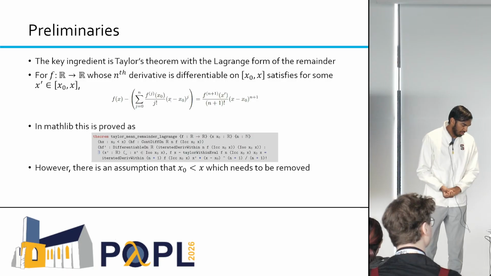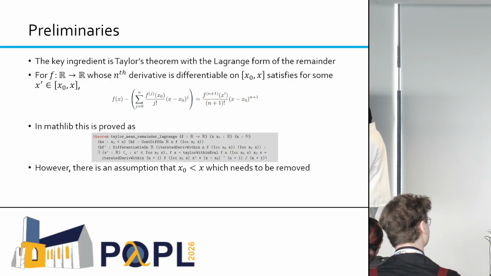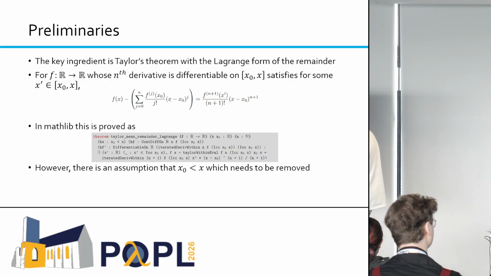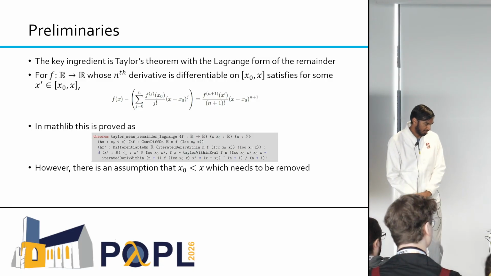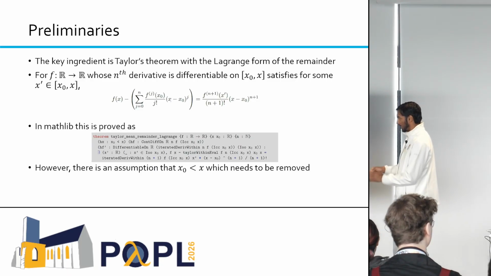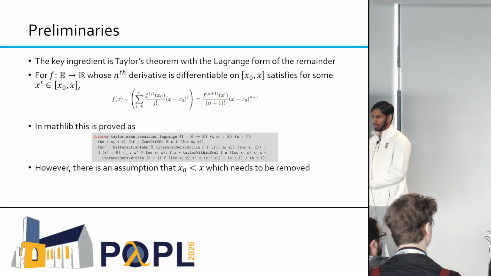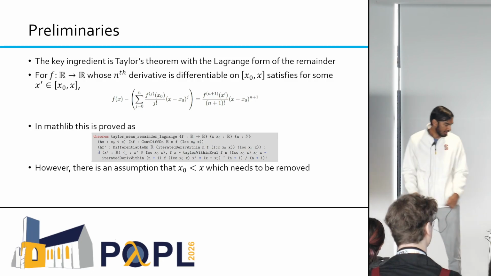The way we did that was we applied the theorem to f of negative x, and then we have a bunch of rewrite theorems that push negation signs into and out of Taylor expansions, derivatives, nth derivatives and so on.